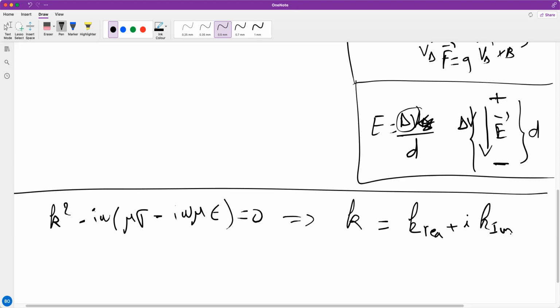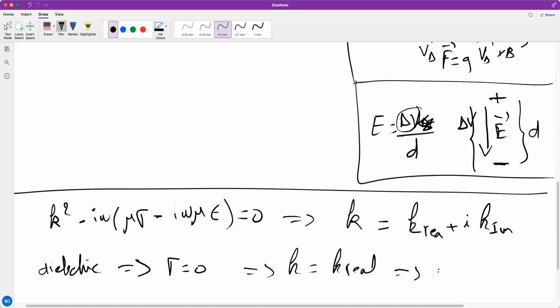Now, we have seen that if it is a dielectric, then sigma is equal to 0, which means k becomes k real, and there will be no attenuation. This we have seen in class.